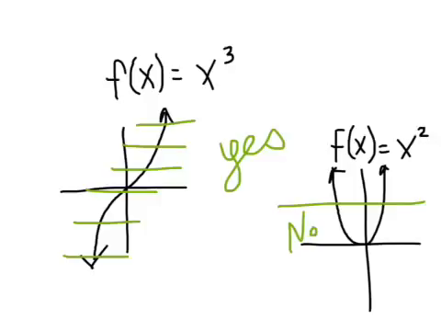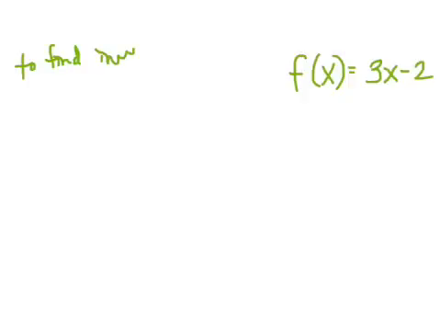Okay, and then the next thing is finding the inverse. There are a couple different things you can do, but I'm going to walk you through step by step how to find the inverse of a function. I'm going to give you a pretty easy one to start. Here are the steps that I do.